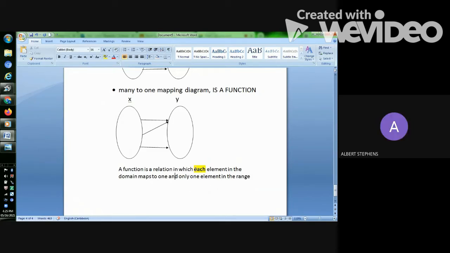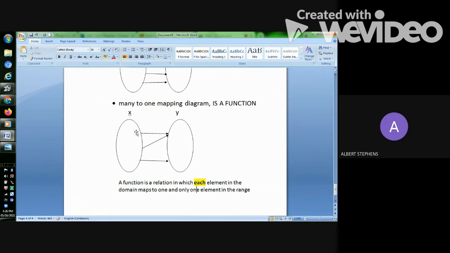So the one on the x makes the difference. The one on the x is the dominant, and that is the key: only one person or one value.